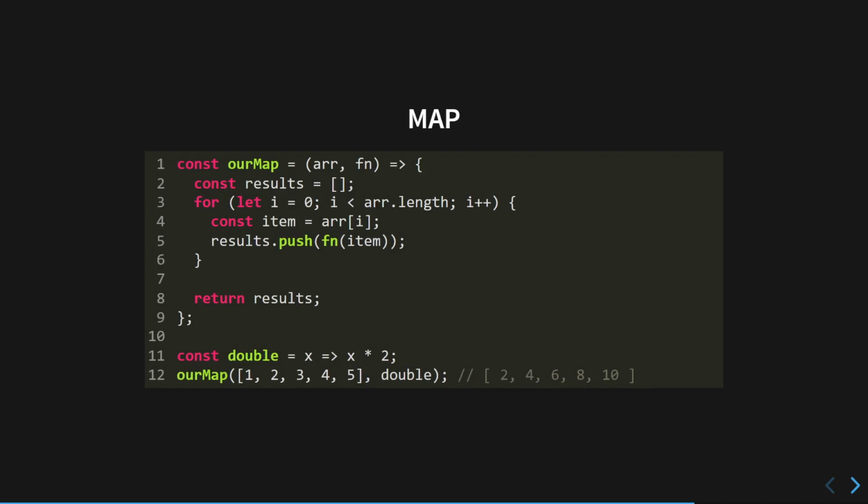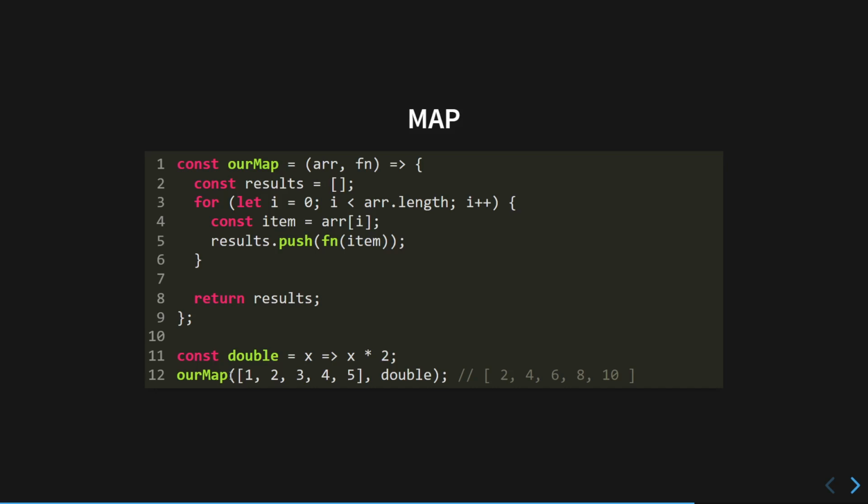So map is really just a function that takes an array and another function. I create a list of results and I iterate through the array that was passed in. I get the current item and then I just call the function with the item and push it to this temporary array, and then I return the array.